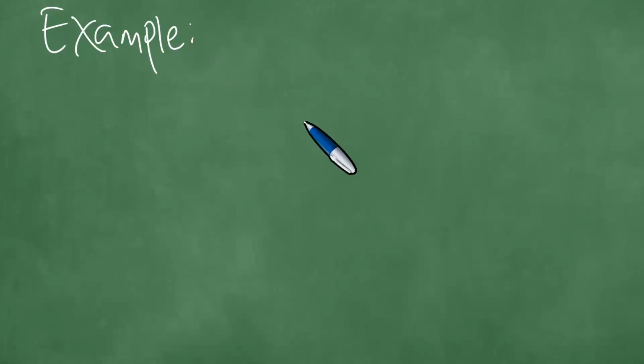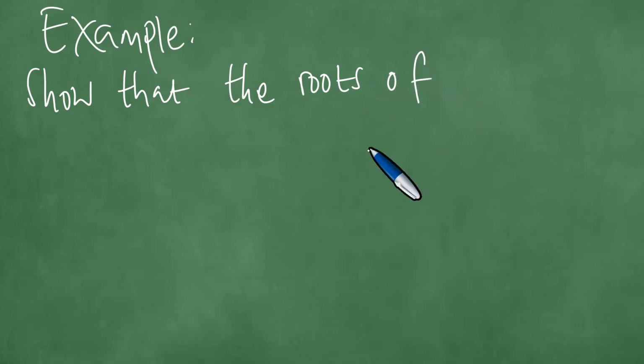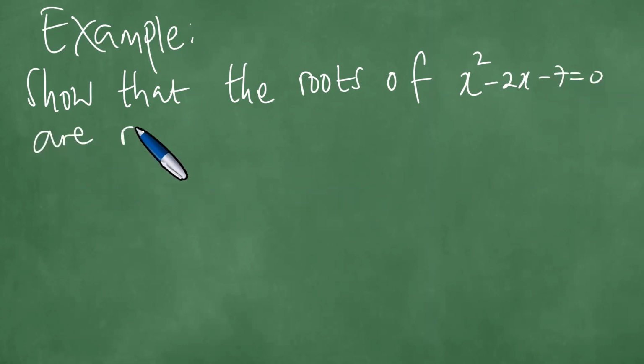This example says, show that the roots of x squared minus 2x minus 7 equals 0 are rational.